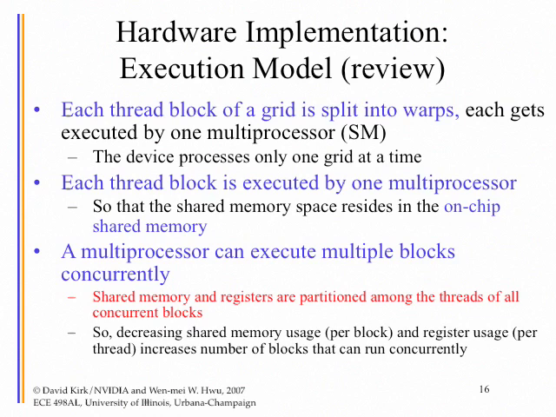8,448. Is that number bigger or smaller than 8,192? Bigger, right? I'm not going to insult you by waiting for you to answer that. It's bigger. So we have a problem. We don't have enough registers in that case. The hardware is going to reduce the number of threads running on the processor until it fits.